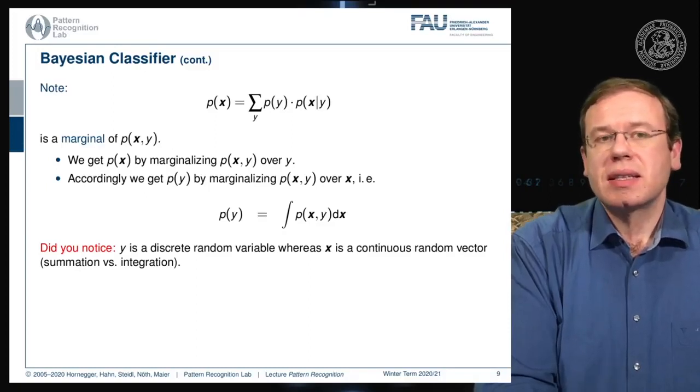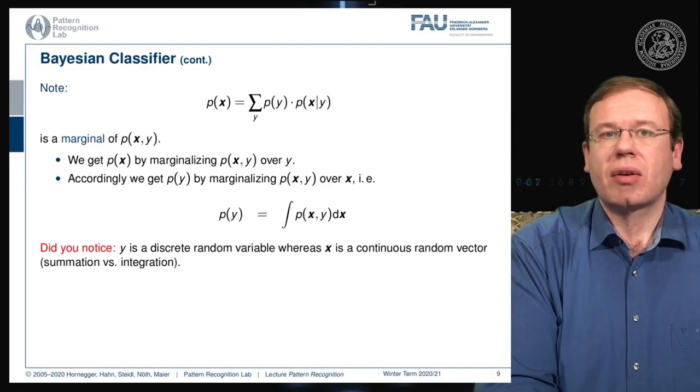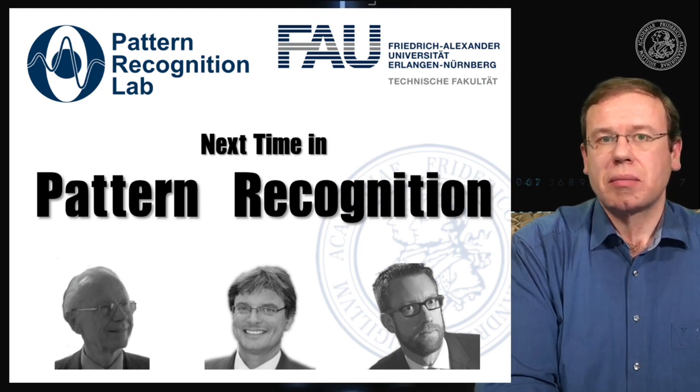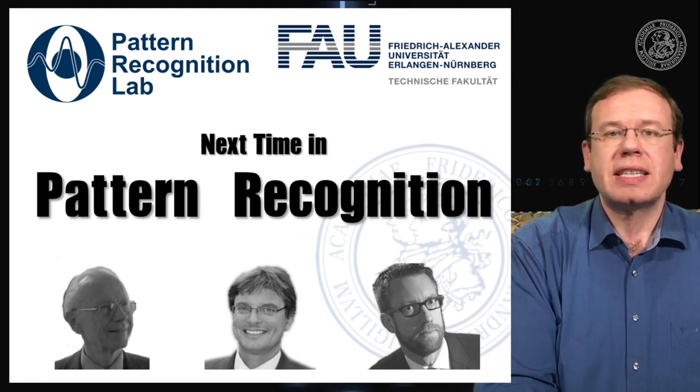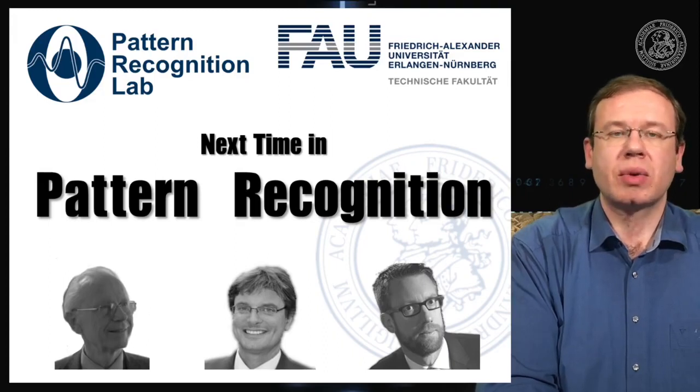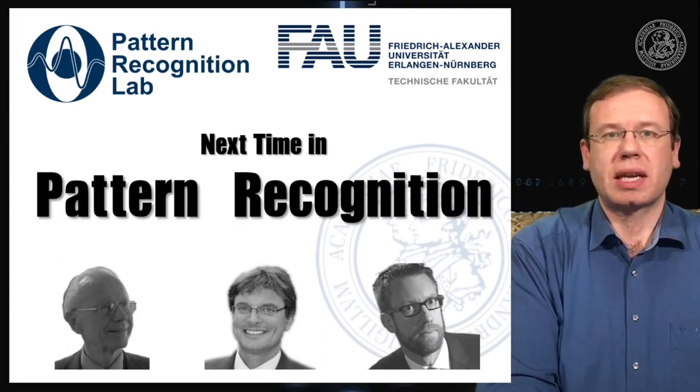So this is already the end of our small introduction into the different probability theory, and in the next video we want to talk about the Bayesian classifier and how the Bayesian classifier is related to the optimal classifier.